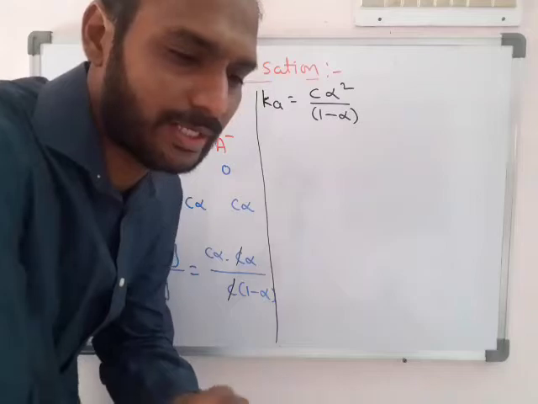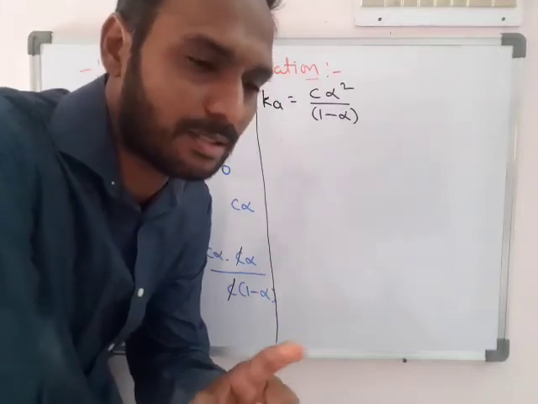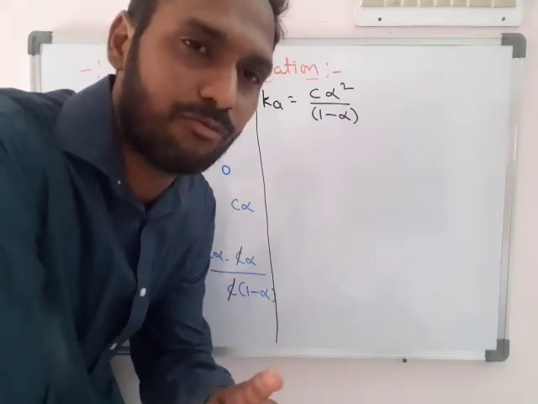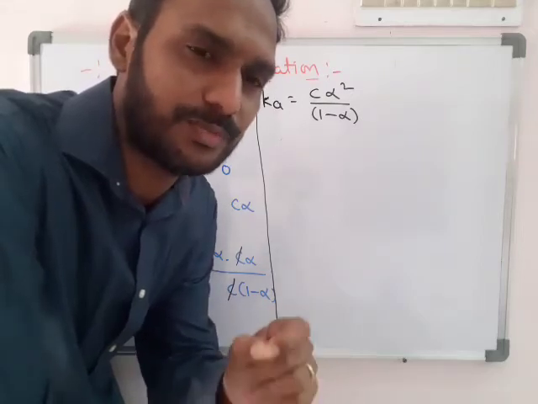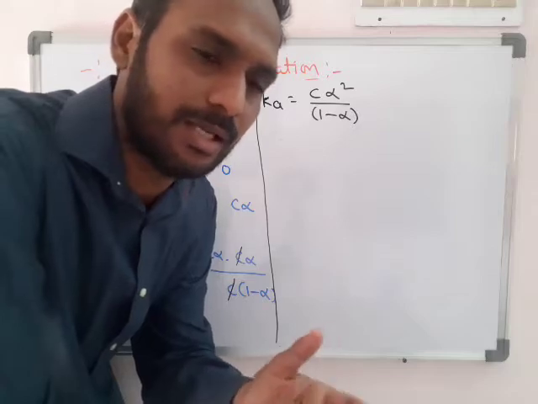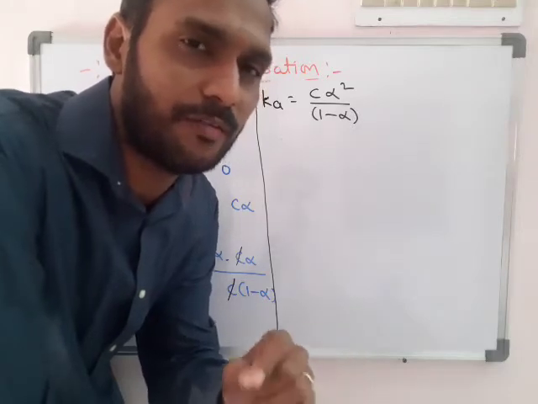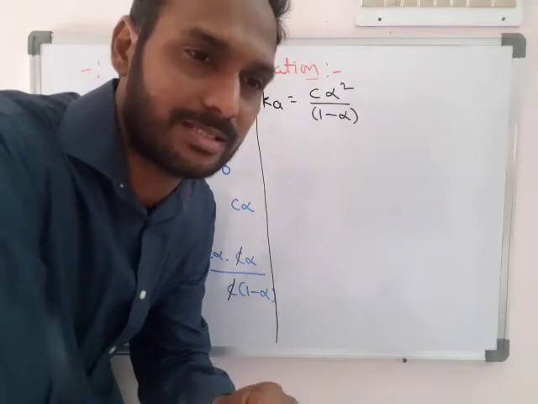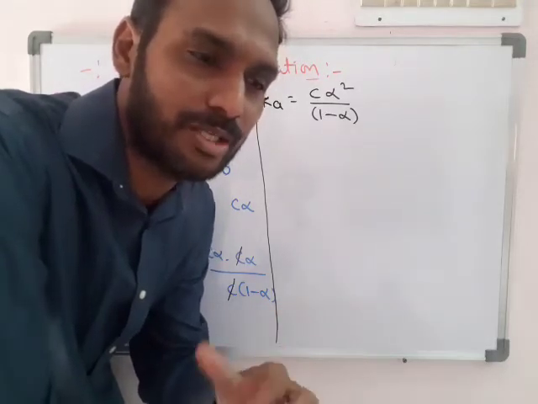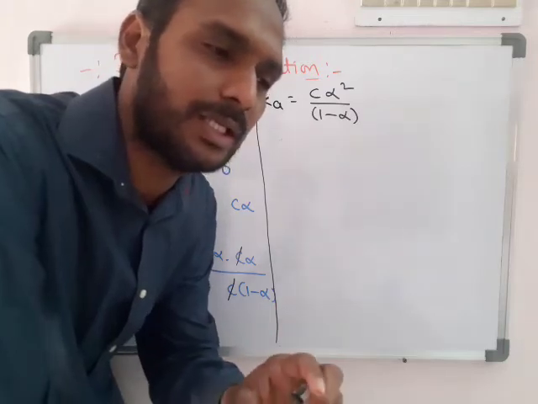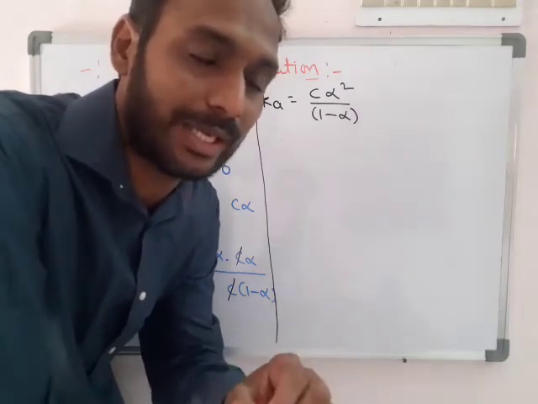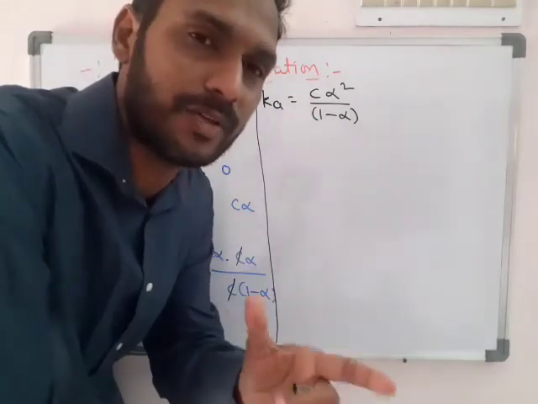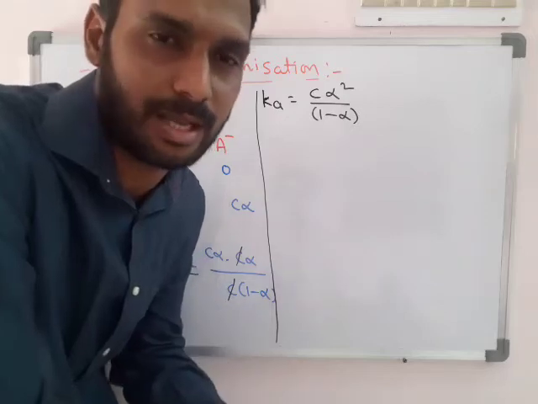Here one more important point: alpha means the extent of dissociation. This alpha value is highest for strong acids. It is very less for weak acids, less than 0.02. So in the denominator we can neglect this 1 minus alpha, because for weak acids alpha is very less.